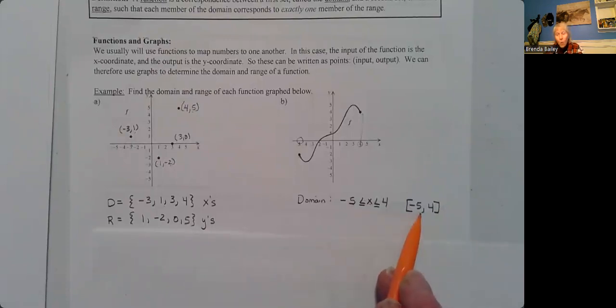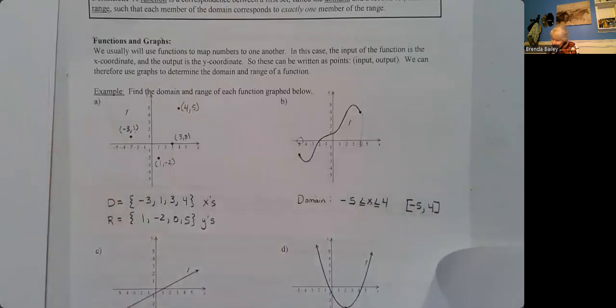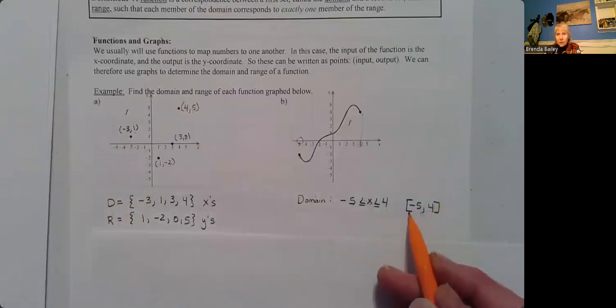Pearson will only count one of them right, depending upon which one they want. So you can either put in this one or this one. Now, the brackets mean that it's included, and the 4 means it's included. Later on, if it's not included, what symbol do we use? We'll talk about that in the last example on this page.